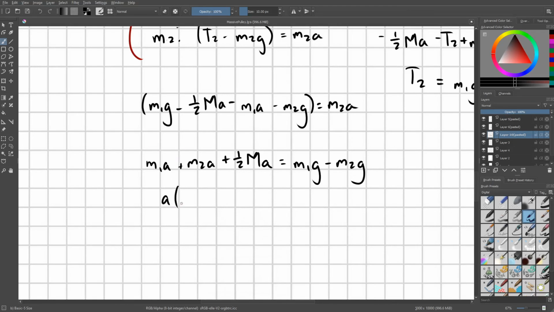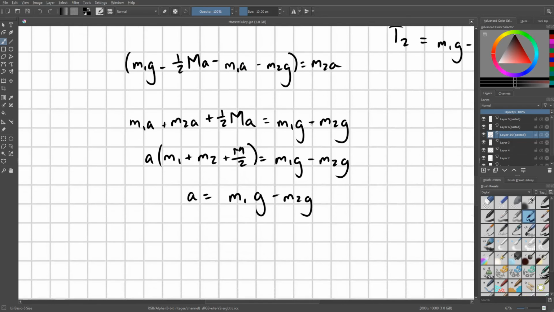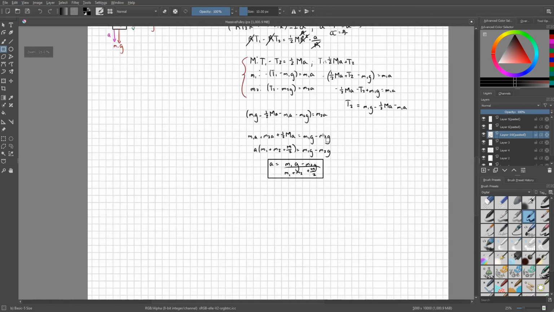So this is A times M1 plus M2 plus big M over 2 equals M1G minus M2G. So A equals M1G minus M2G all over M1 plus M2 plus M over 2. And voila, we've accomplished the task at hand.